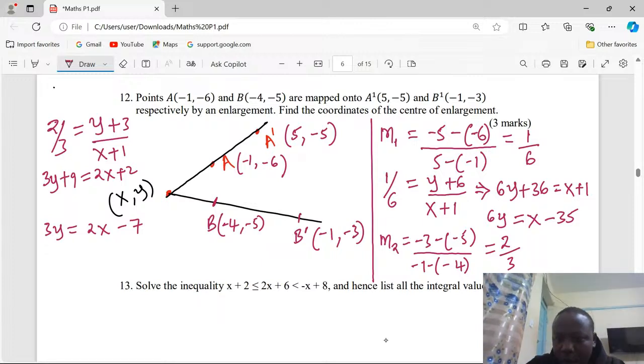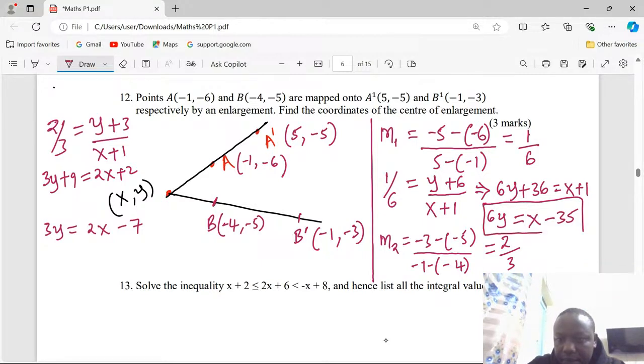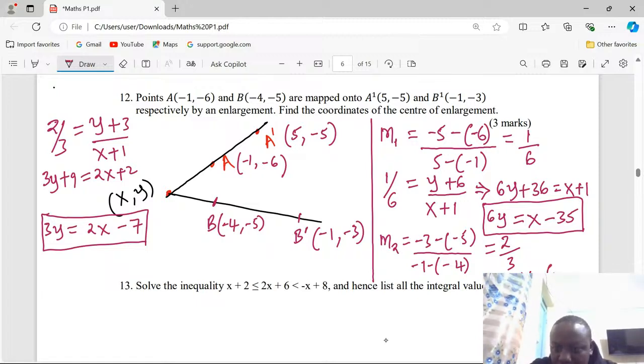So now from equation 1, remember equation 1 is here. Now we've gotten another equation 2 here. And we want to solve them simultaneously. From equation 1, we can say that the value of x is equivalent to 6y plus 35.